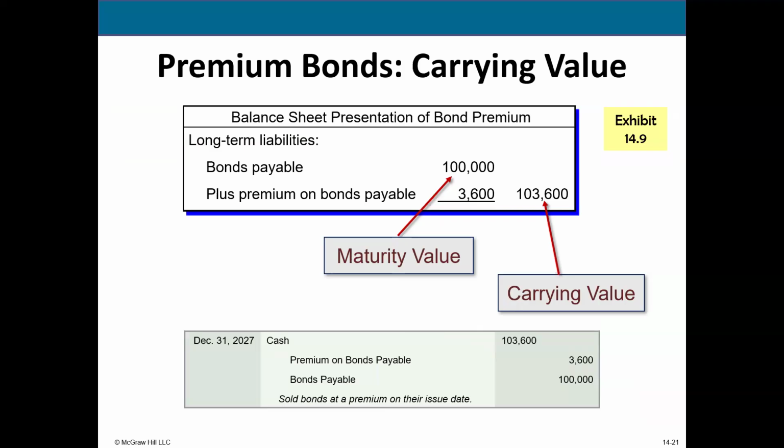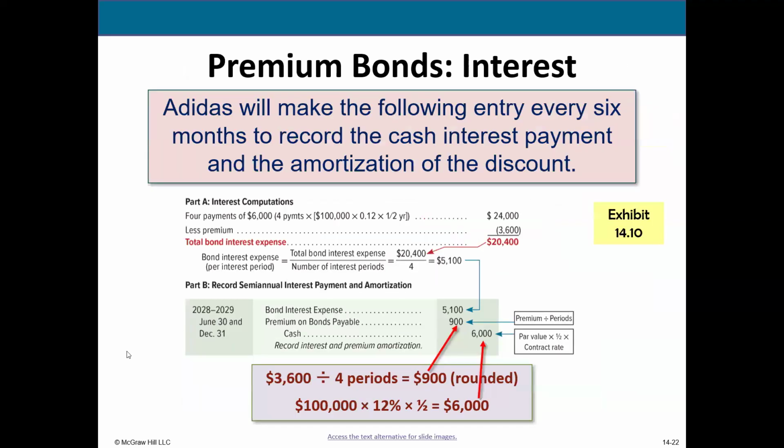There's going to be what we call an adjunct account or contra account that adds in the discount or the premium, 3,600, meaning we're going to have a carrying value of $103,600 on this bond. When we go to pay interest on this bond at a premium, we go through this calculation every 6 months, and it works like this.